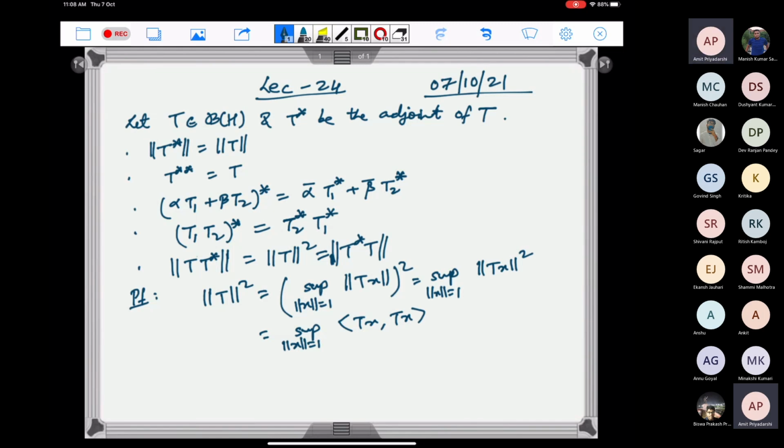And now I can write this as the inner product of T star Tx with x, and we know that this is a non-negative real number, so I can even put mod here.